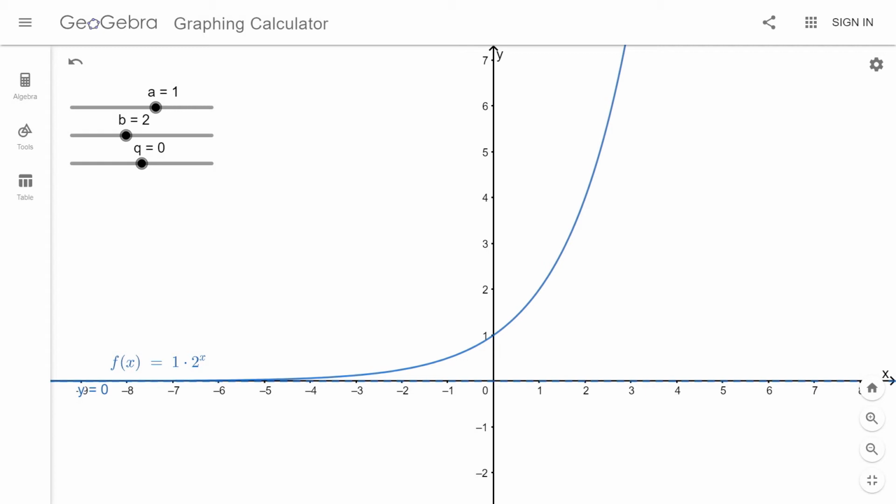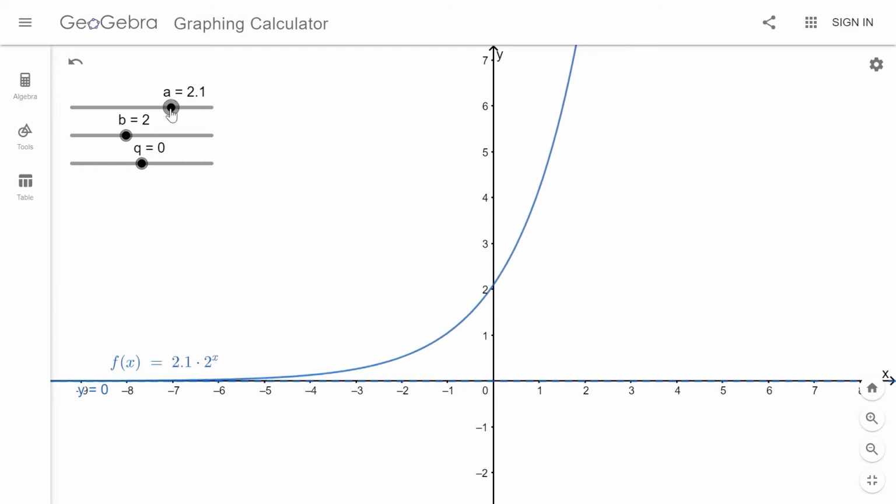Okay, look at what happens to the graph as I make the value of a bigger. So that means increase it in a positive direction. So at the moment, a is equal to 1. If we start making a bigger, so let's say 2.1, for example, do you see that the incline of the graph is actually changing?